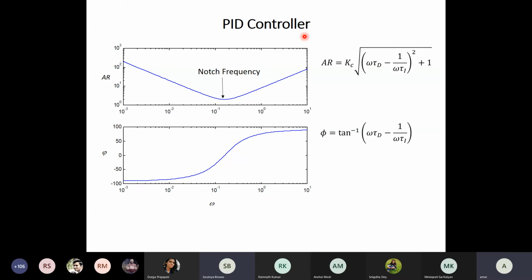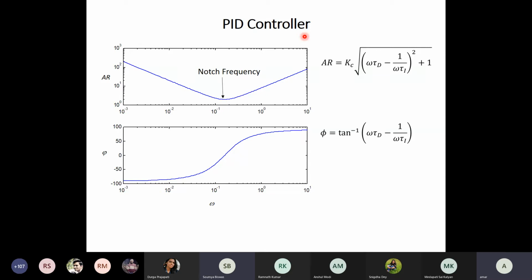Assuming that I control a process using a PI or PID controller, the dominant response of that closed loop process will be a second order process, and based on that, resonance frequency comes into the picture. Whereas the notch frequency is the property of the PID controller itself, and has nothing to do with the process.